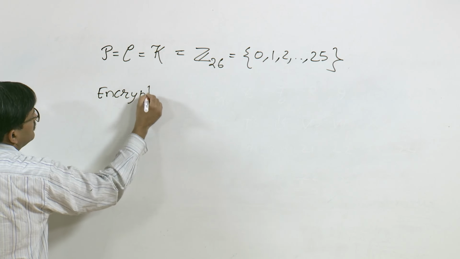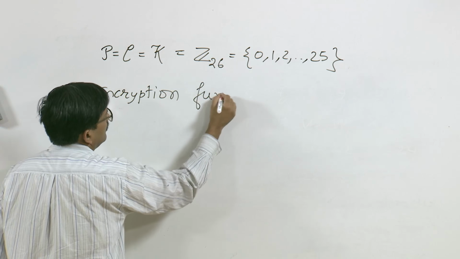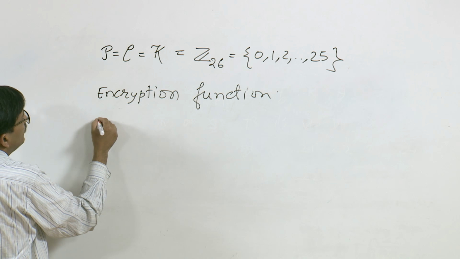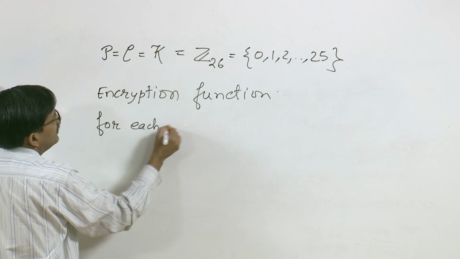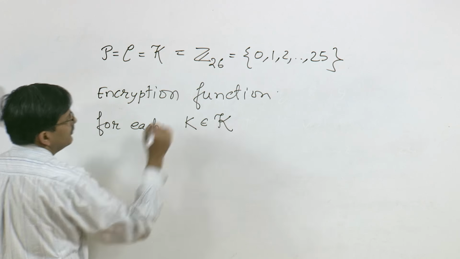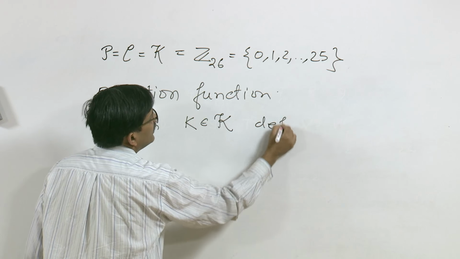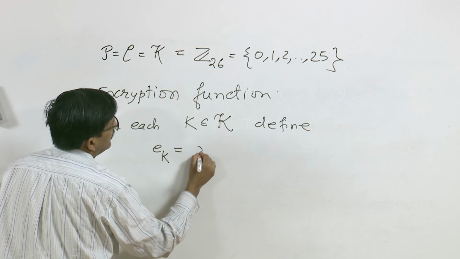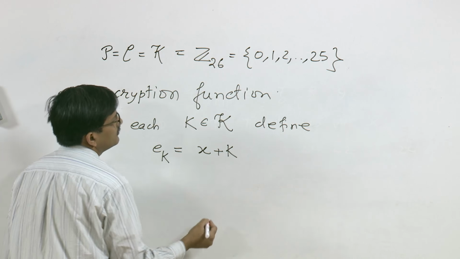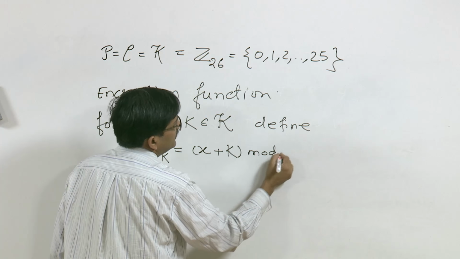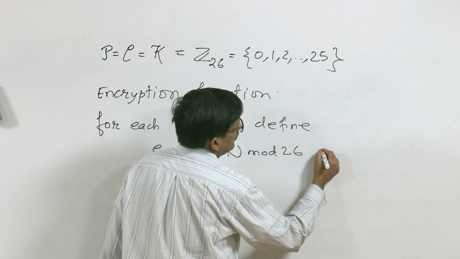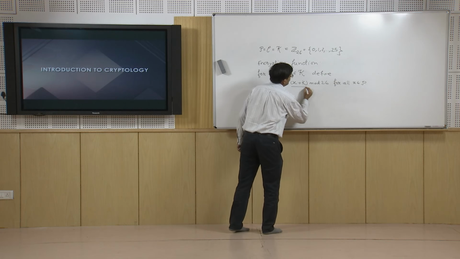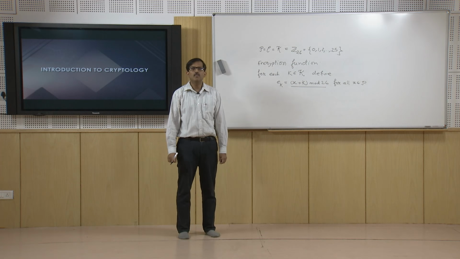After that, we have an encryption function. For each capital K belonging to script K, define E_K as x plus K mod 26 for all x belonging to P. Now there is of course a question: what do I mean by x plus K mod 26?